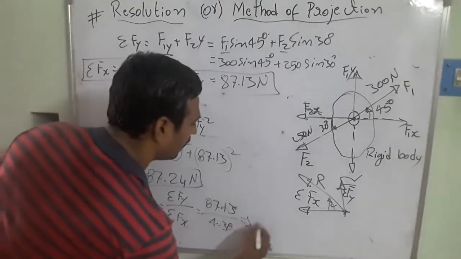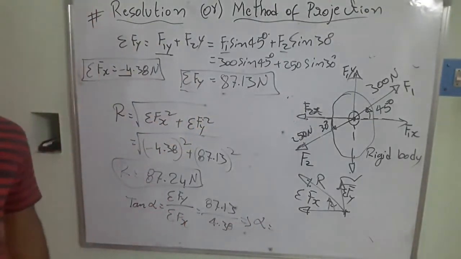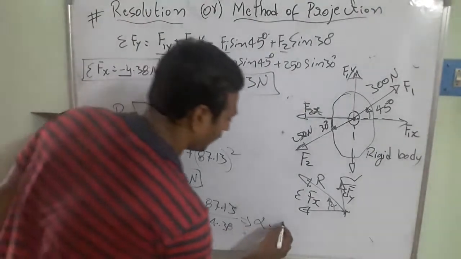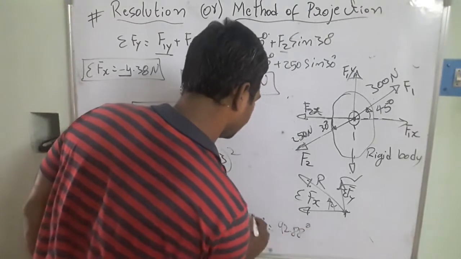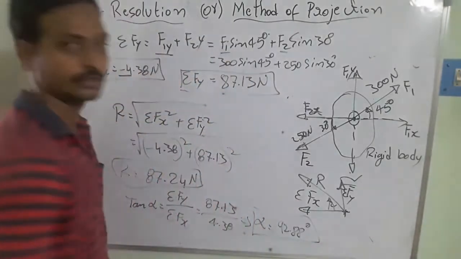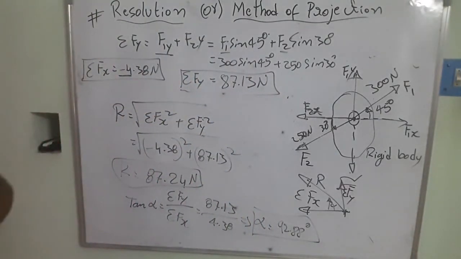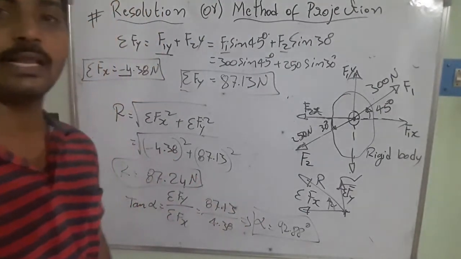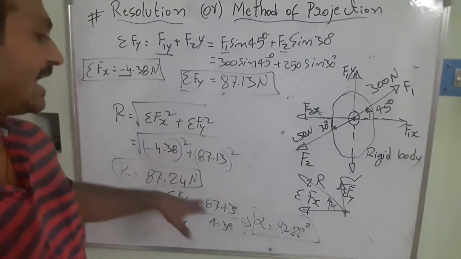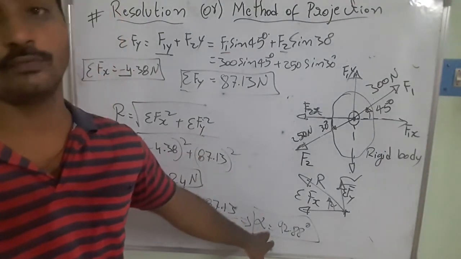From this, alpha is equal to 92.88 degrees. So alpha we got it, 92.88 degrees. This way we calculate the resultant component as well as the inclination to the horizontal.